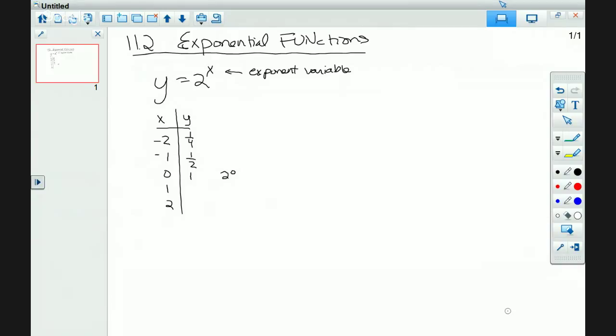What'd you get for the other 2? Number 1? 2 to the first power, and 2 to the second power. Okay. Let's graph that function.